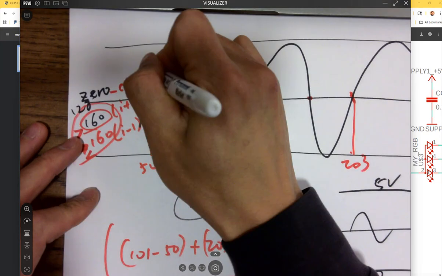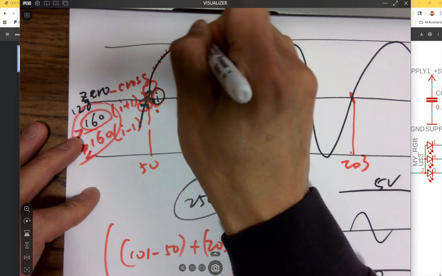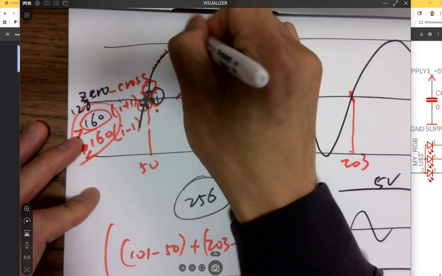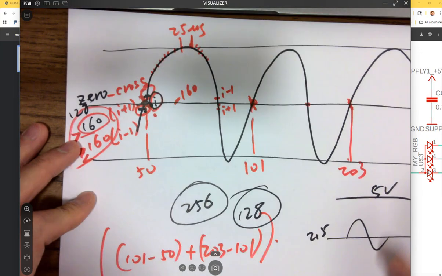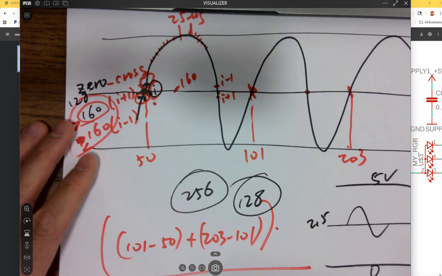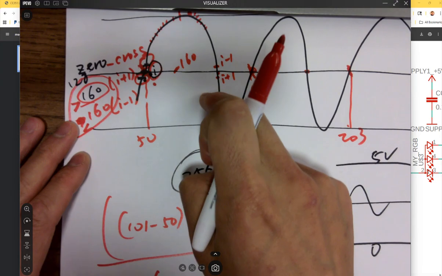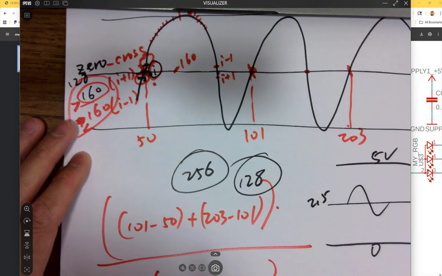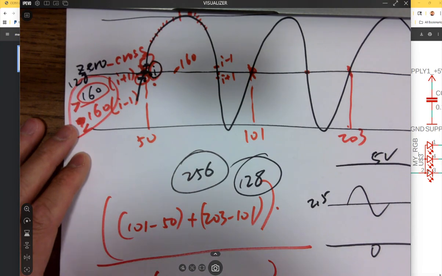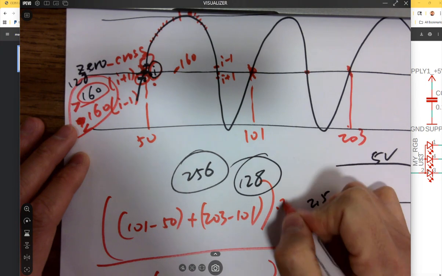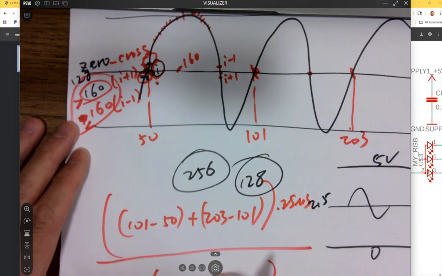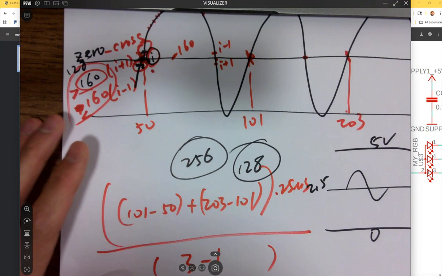These are sample intervals, right? How long is each? 25 microseconds. This, how many intervals here? How many intervals here? Times what? Divided by what? Times 25 microseconds, divided by 2, 3 minus 1.